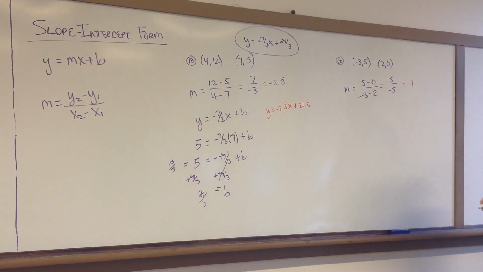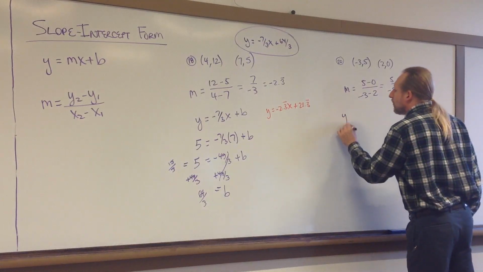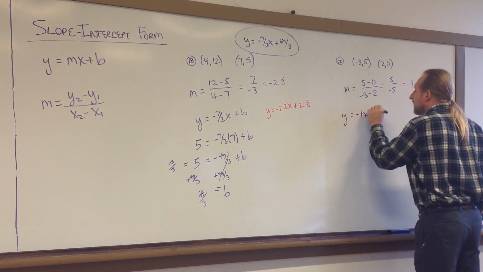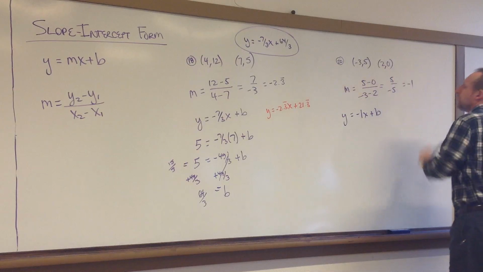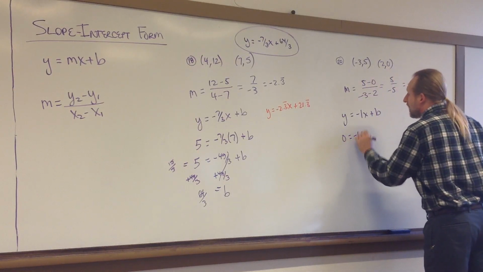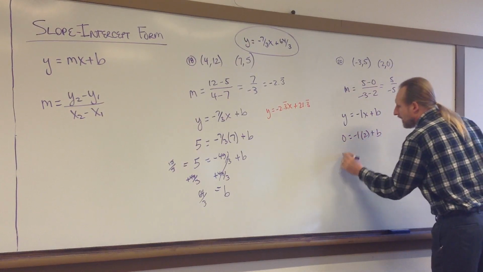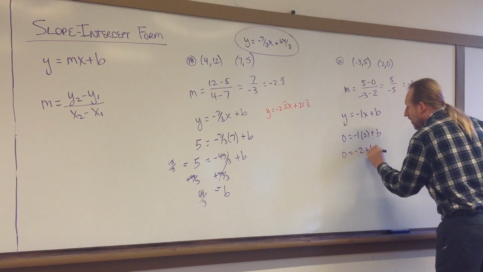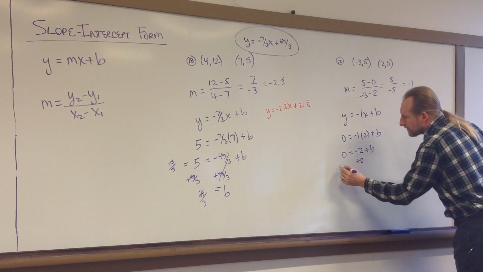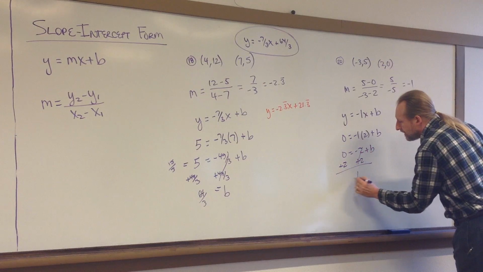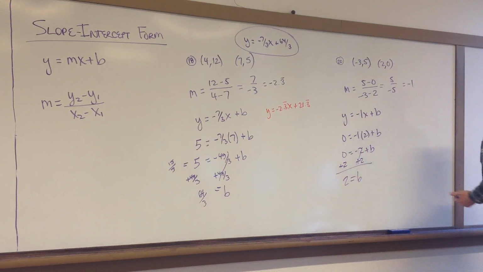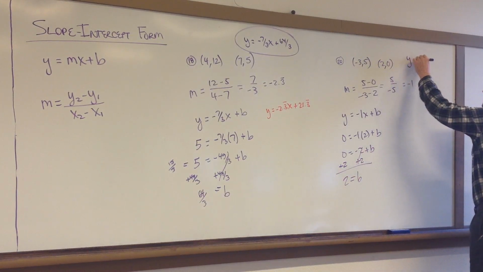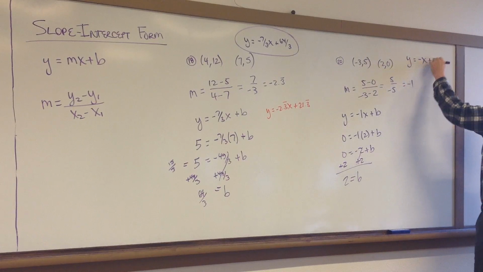That says our slope is negative 1. All right, so y is negative 1x plus b. I'll put the 0 in for the y and the 2 in for the x, and then add the 2 to the other side. So b equals 2.